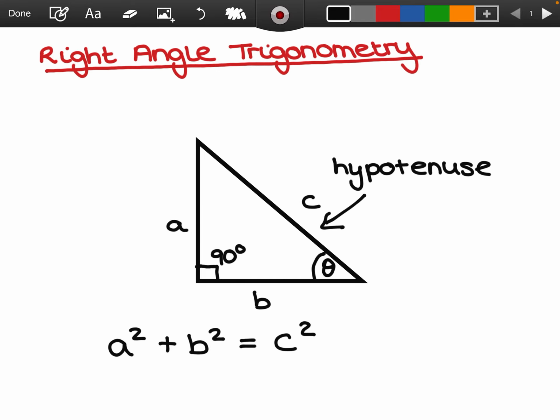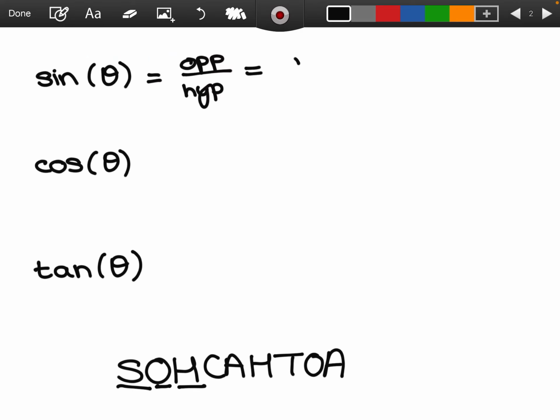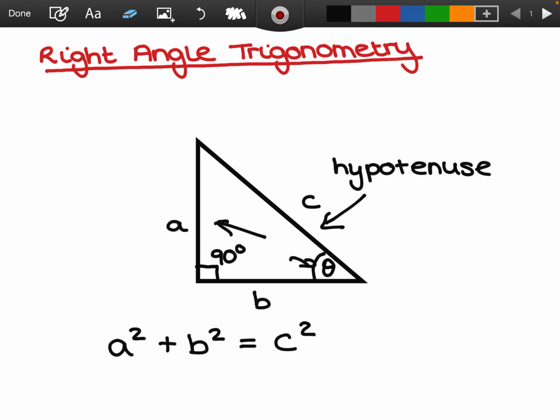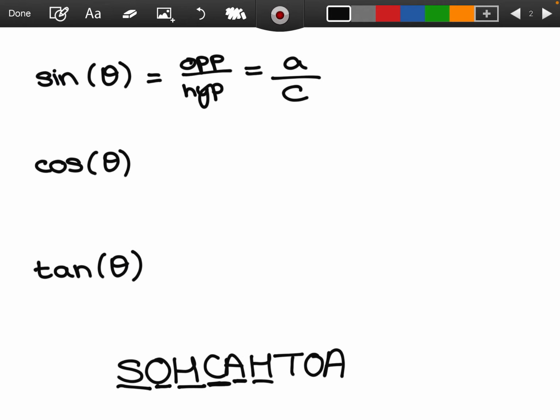So if we go back to our right triangle here, the side that is opposite our angle theta would be the side A. And the hypotenuse is C. So to find sine of the angle, I just do A divided by C. Cosine of the angle, again going back to our SOHCAHTOA, is going to be the side adjacent to the angle divided by the hypotenuse. So the side that's adjacent to that angle, meaning next to it, is B. And then we divide that by that hypotenuse side, C. So it's B over C.